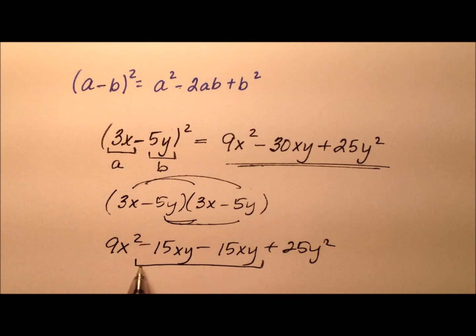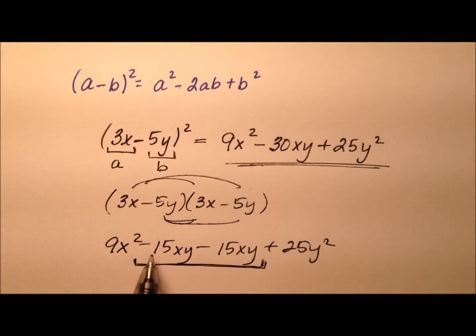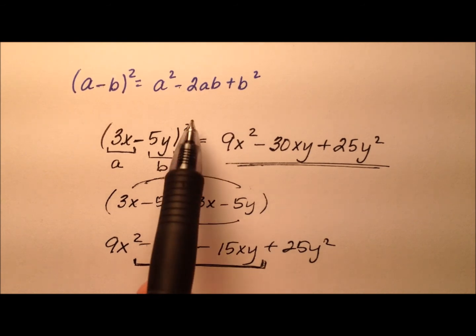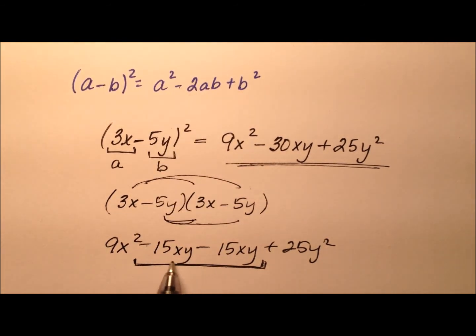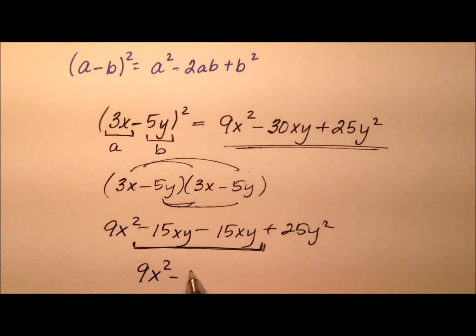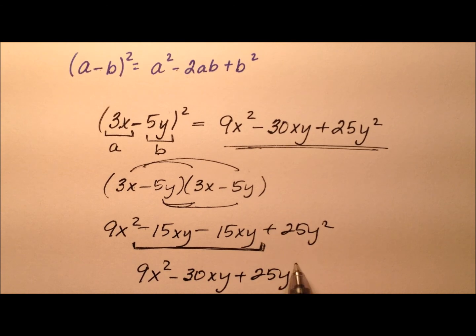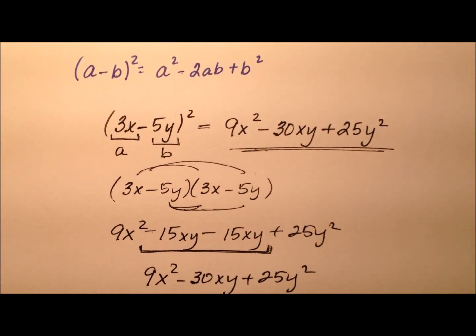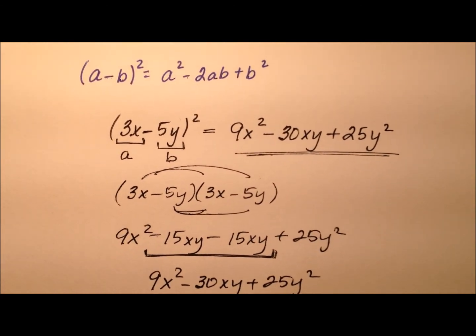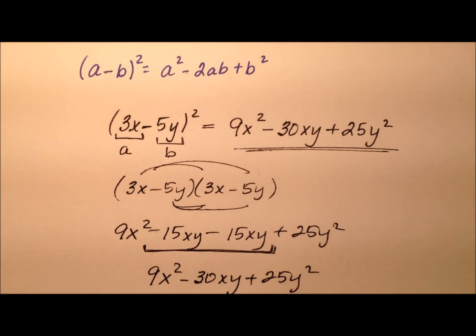So of course there's two of these terms in the middle, and they're like terms, and they're identical, negative 15, negative 15. Hence where this 2 comes from, because we have two of them. So when we add them up, you'll see we have the same thing. Okay, so there are just 3 quick formulas that you can use with binomials to maybe make multiplication a little easier or a little quicker.